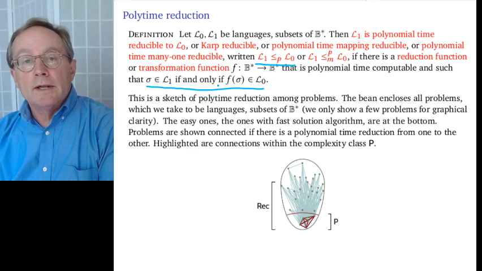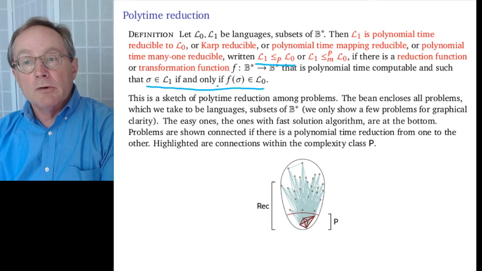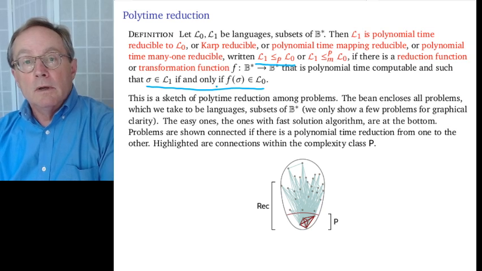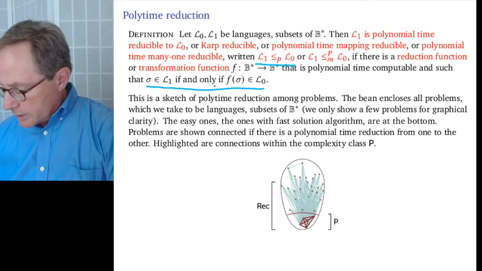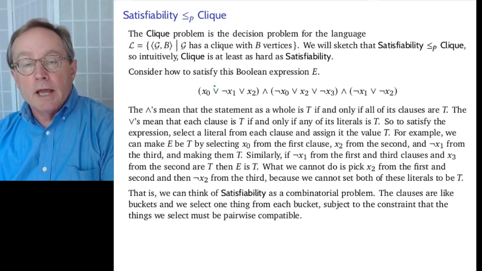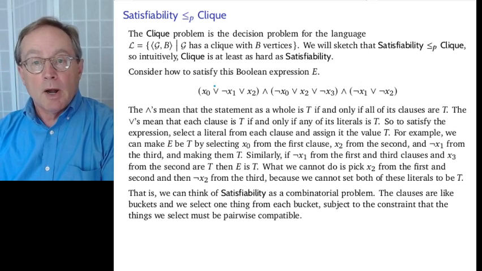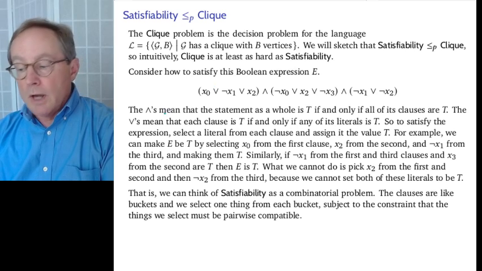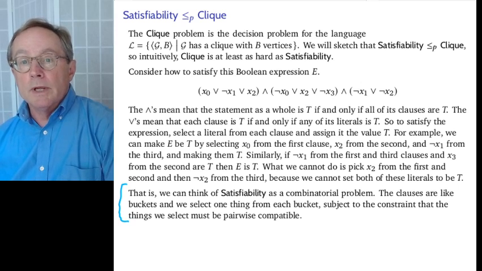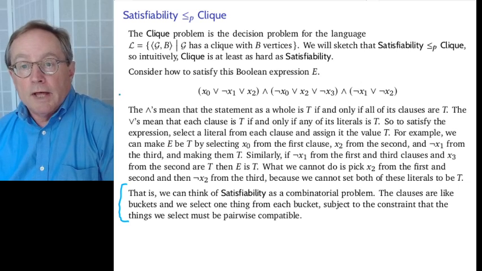So it gives us a way to think of L1 as being a case of, or maybe a special case of, L naught. And the example that we saw last time was that satisfiability can be thought of as a kind of clique problem. We translated it into a combinatorial problem, and then we saw that that's a clique problem.